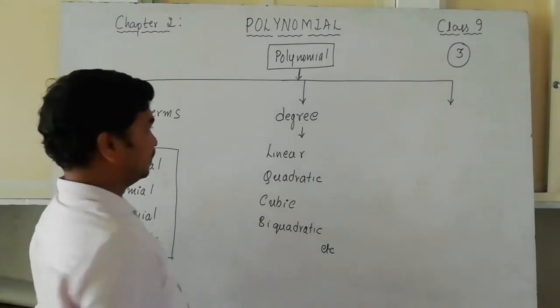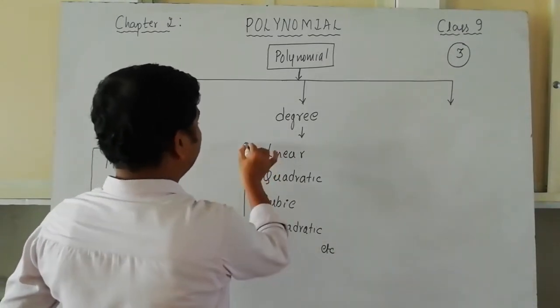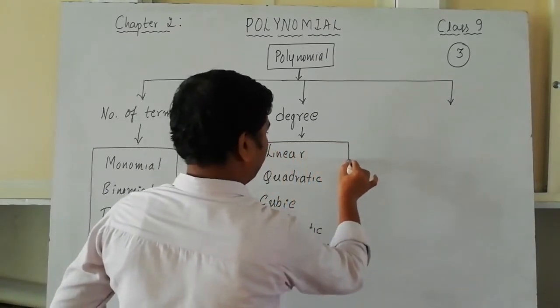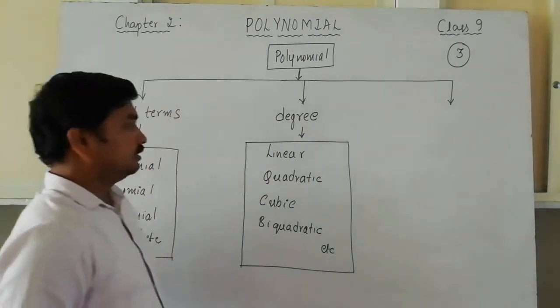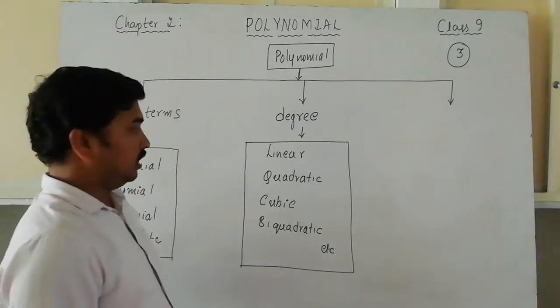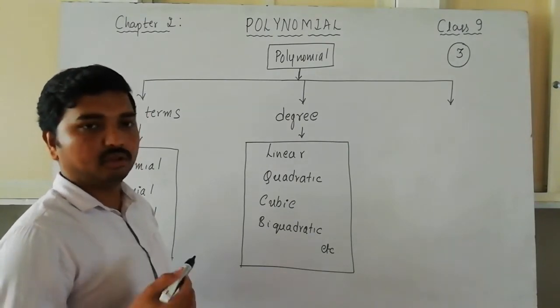So this is the classification based on degree. Now let us try to understand how these polynomials are classified depending on the degree.